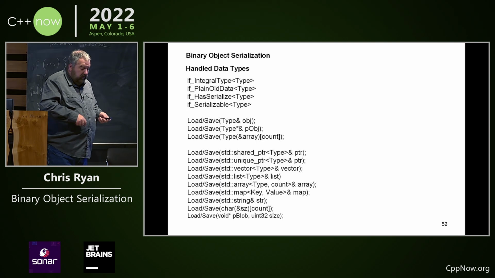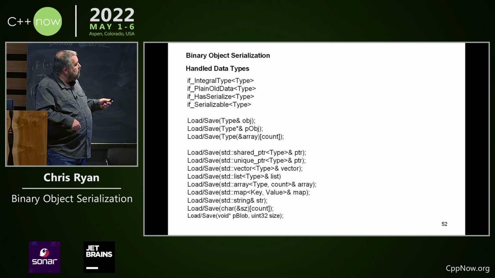Okay. These are all the combination and permutation of things we handled. All the integral, the plain old data, has serializable, and I can do load and save on objects of those types, pointers of those types, which are really pointing at those objects, null or not, an array of those of a type of object.